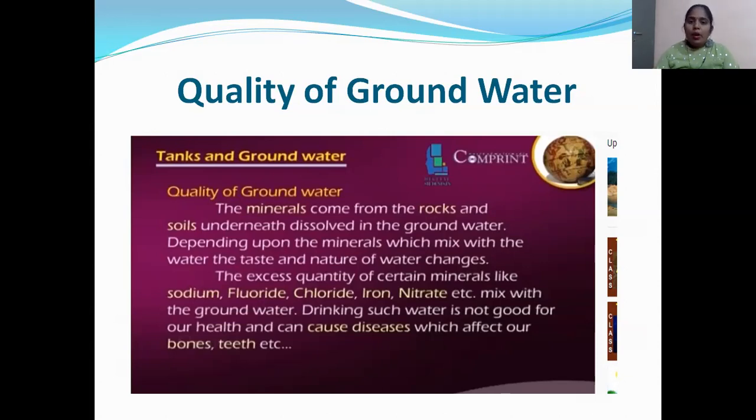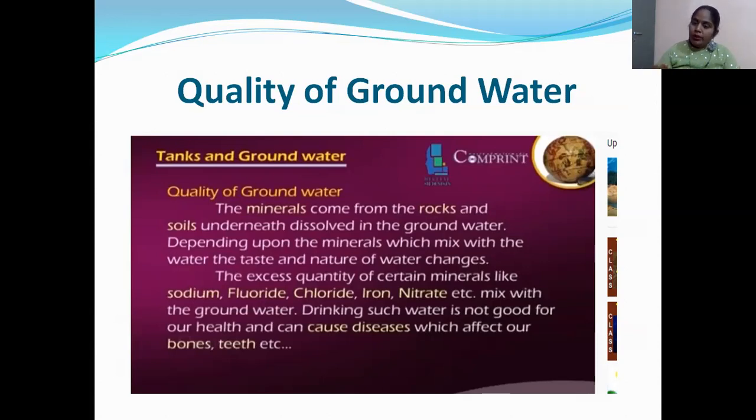Generally we find all those minerals deep below the ground, isn't it? The excess quantity of certain minerals like sodium, fluoride, chloride, iron, nitrate, etc., mixed with the groundwater, makes drinking such water not good for health. It causes diseases which affect our bones and teeth.